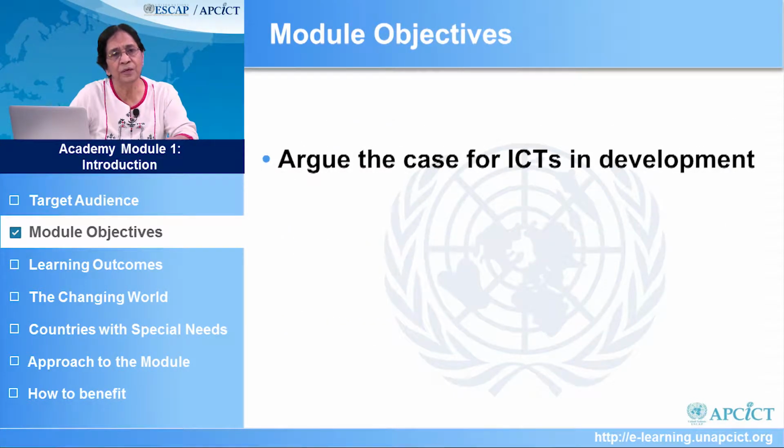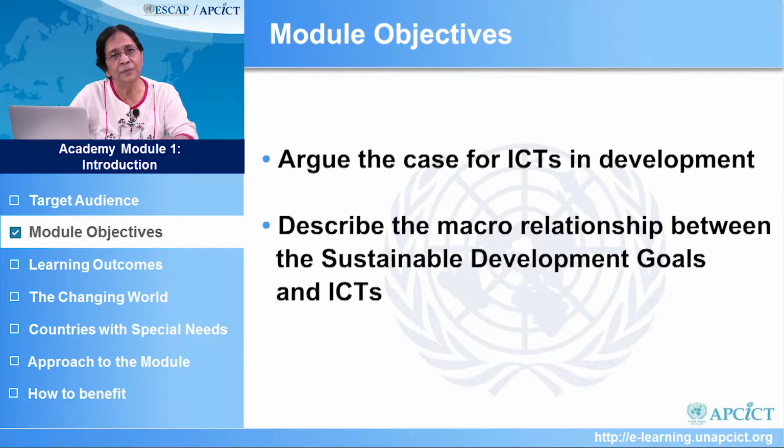Basically, what we're trying to argue here is the case for using ICTs, or information and communication technologies, for sustainable development. Therefore, we will develop the macro relationship, that is the larger, broader picture, the relationship between the sustainable development goals and ICTs.